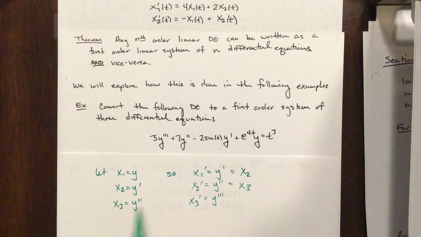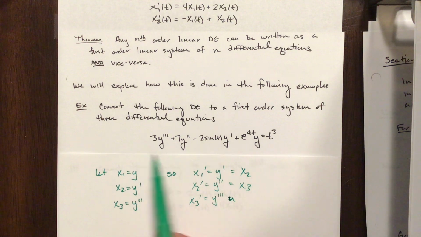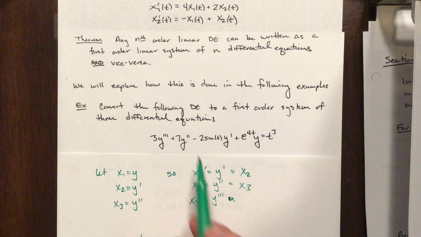Again, I'm just taking derivatives over here. But y triple prime is equal to, well, it's y triple prime. Okay, so let's see what I have here. Taking this equation right here and substituting in the appropriate values, I can say that 3 times y triple prime, so that's 3 times x3 prime, plus 7 y double prime.